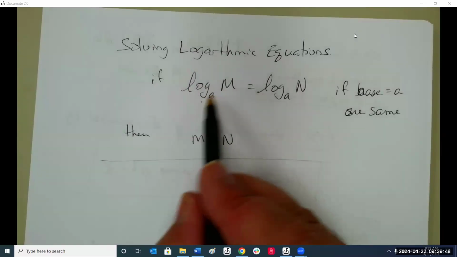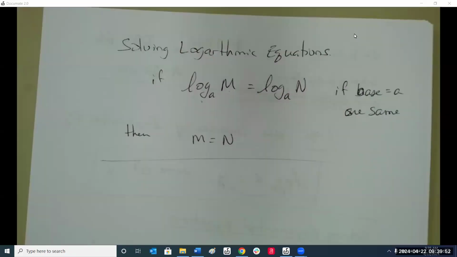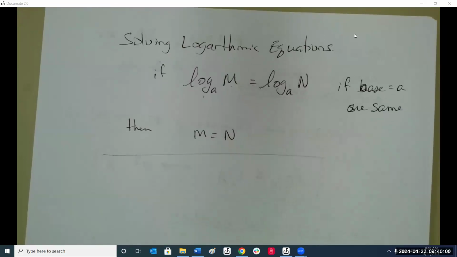So if log base a of m equals log base a of n, the only way that could be true is if n equals m. Right?